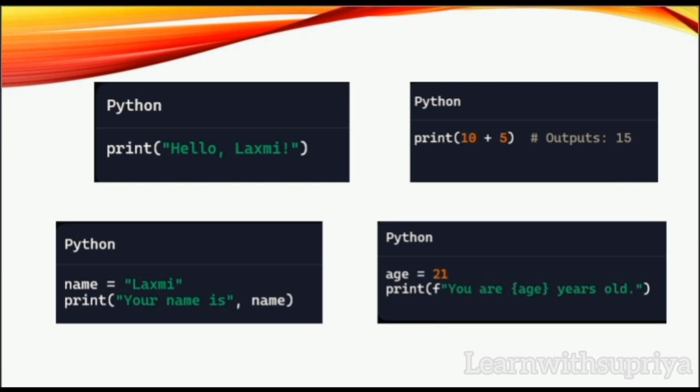In a formatted string we use f in the parentheses after print. So you use print, parenthesis, f, then double quotes. Here you can write whatever statement you want, and then insert the variable value inside using the braces. In the braces, I have written age.